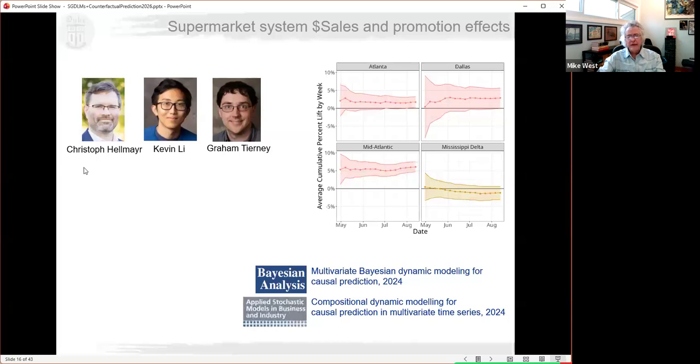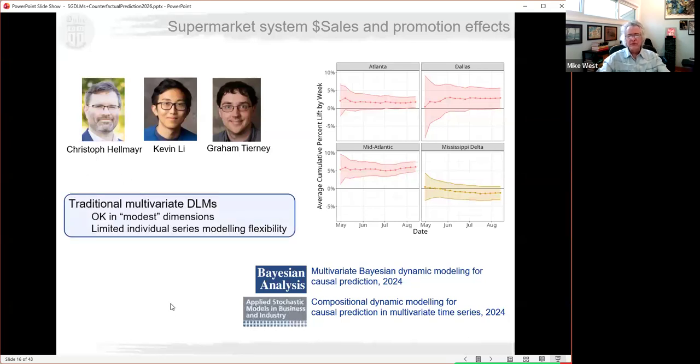But for us today, it's just a stepping stone, because the models we used there were very traditional multivariate dynamic linear models, which, as some of you will know, have some technical, theoretical constraints which limit their flexibility. They don't allow customization of individual univariate models.